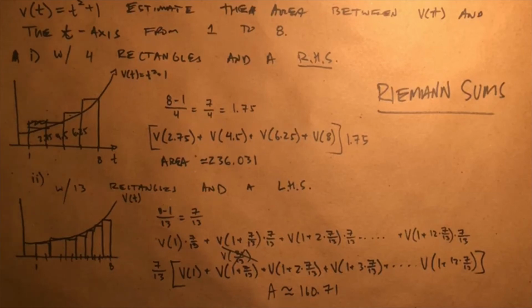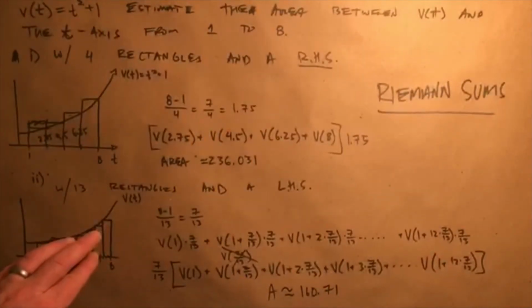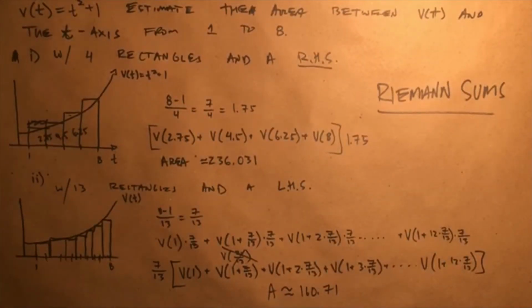And what we can finally take away from this is, which of these do you think is closer to the actual area underneath the curve, the actual distance traveled? And it should be pretty clear that here I have all of this hanging stuff over, and here I've missed it. It's certainly an under approximation, but this under approximation is going to be closer to the actual value than the one that I got with 4 rectangles.